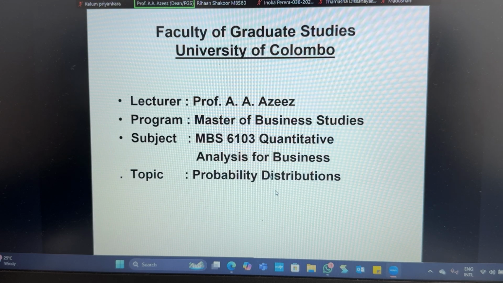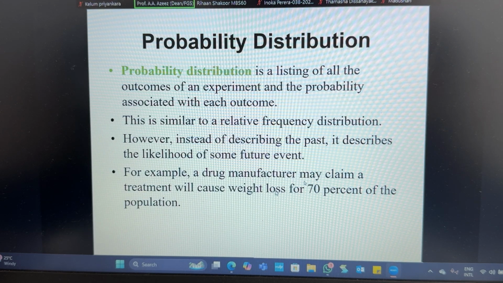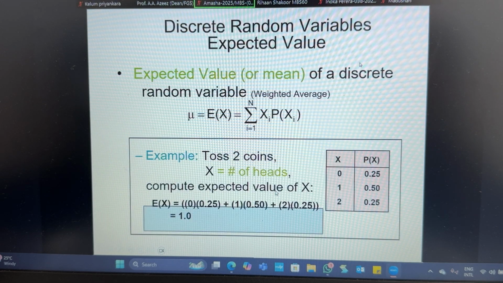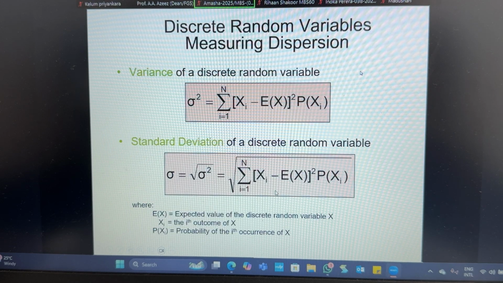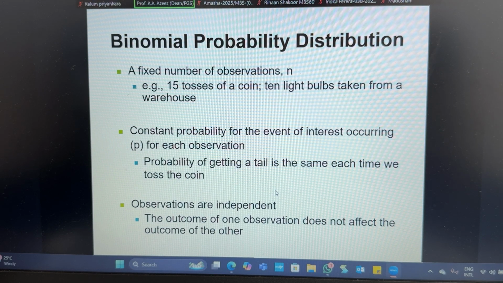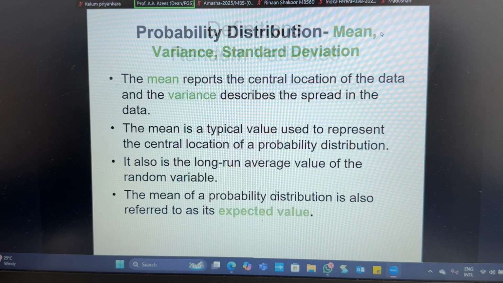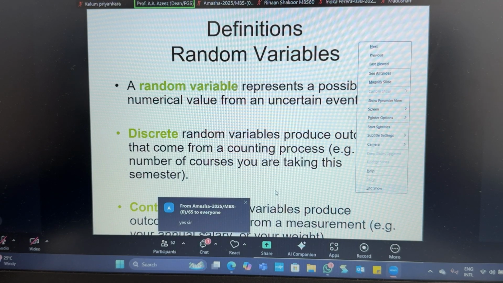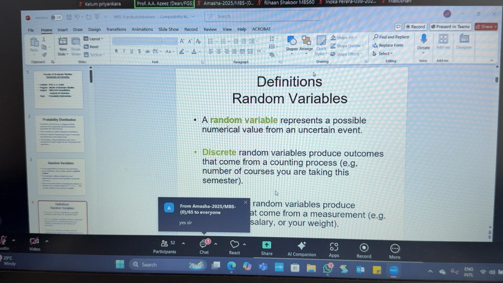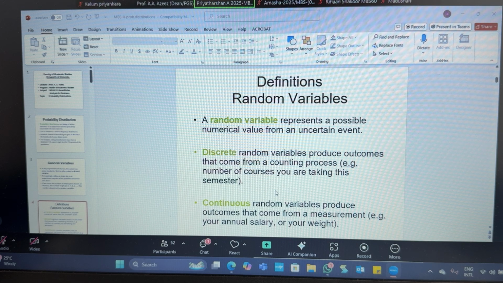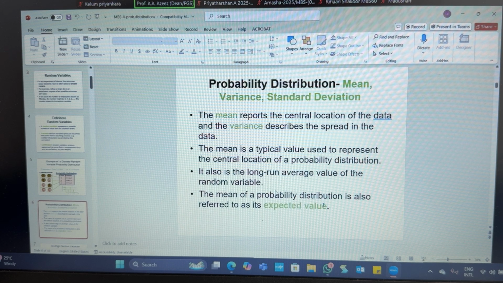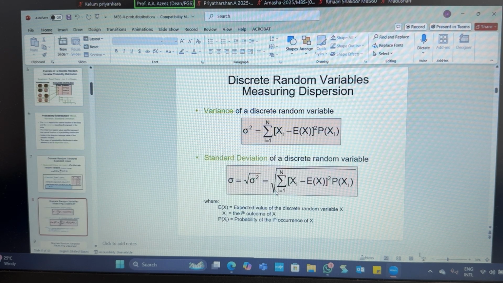Did we do this probability distribution? Yes, sir. We stopped at standard deviation, sir.